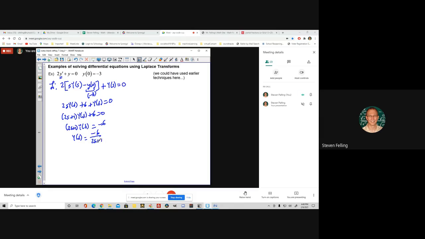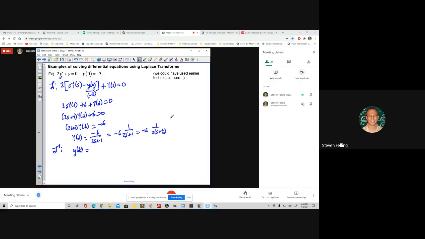And now, if I take the inverse Laplace transform of both sides, this side just becomes y of t. That's my solution, y. And now I have to do my inverse Laplace transform here. So I go trying to find this. This looks like, let's see, we have an s and a number here. So first I could say that this is equal to -6 times 1 over 2s plus 1. I could say this is -6 times 1 over, and factor out the 2 on the bottom and make that s plus 1/2, right?